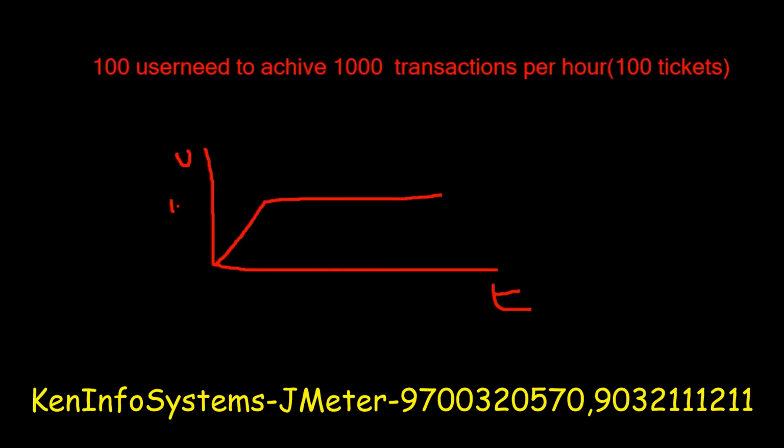This is 100 users, this is 5 minutes, and this is 1 hour 5 minutes. This first 5 minutes we will call ramp up, and this 1 hour we will call steady state.